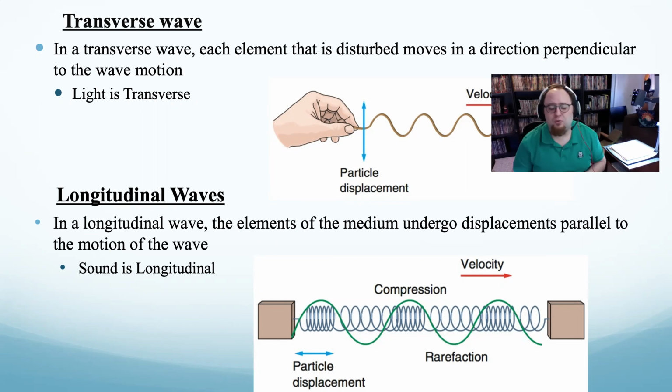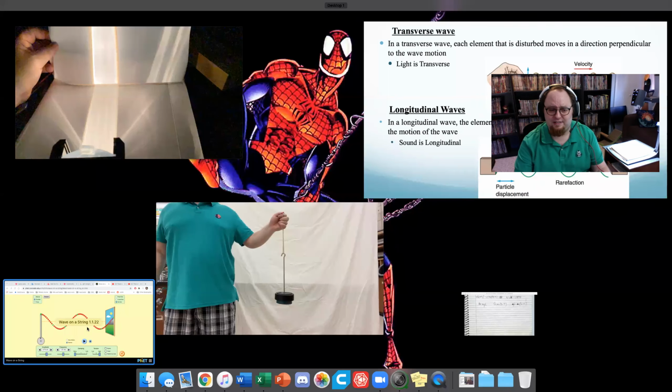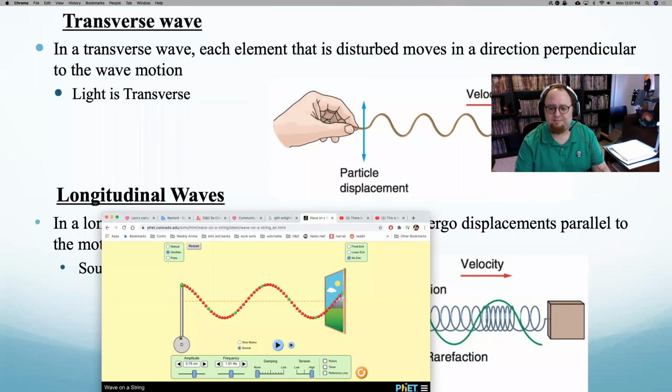But a longitudinal wave is one where what is displacing is parallel to the motion. I'll eventually have a better GIF of this when I talk about sound, which won't be till Wednesday anyways. But for today, I'm mostly going to do transverse waves, which once again is this guy.